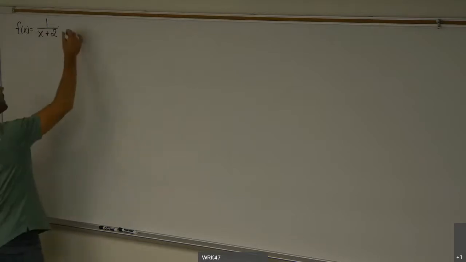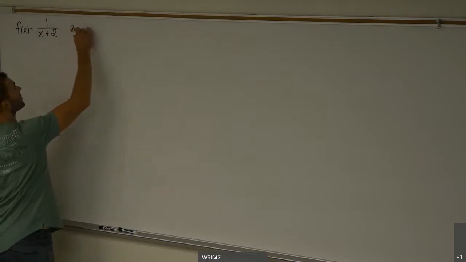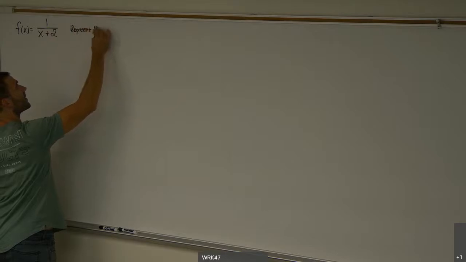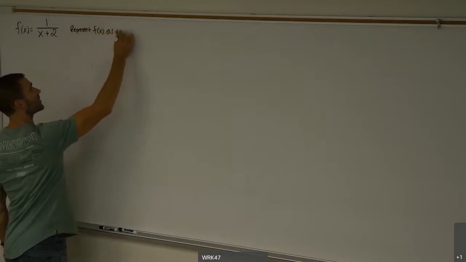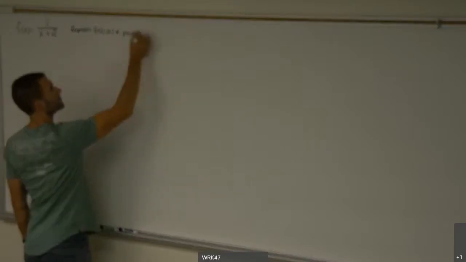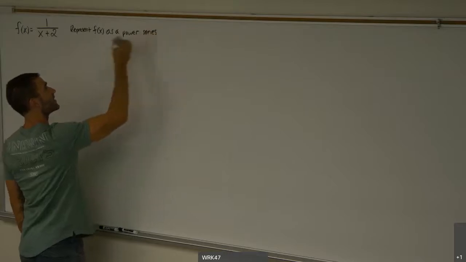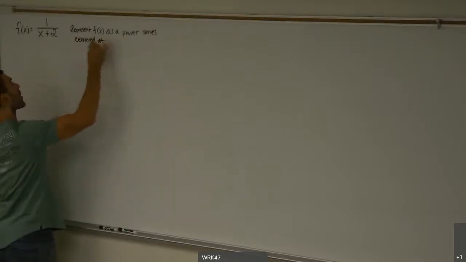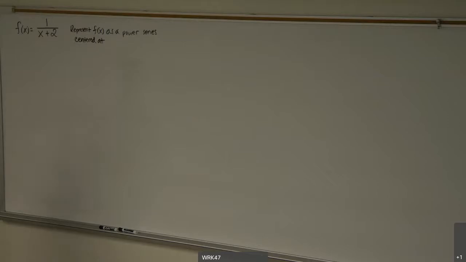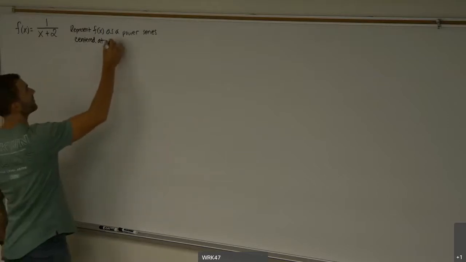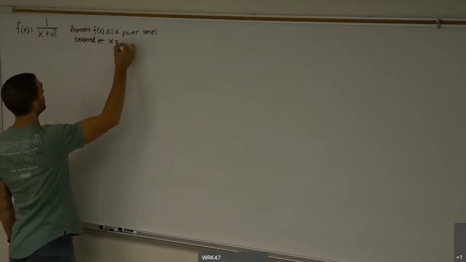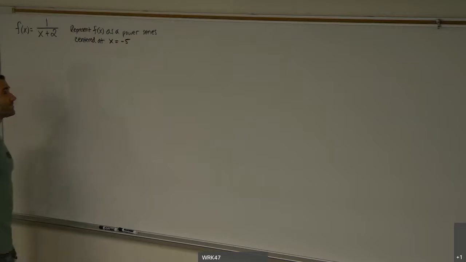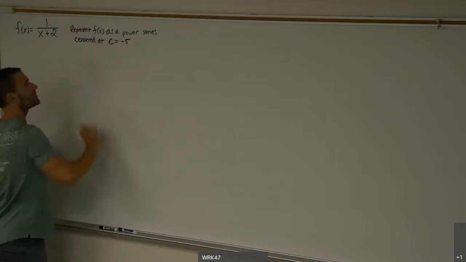And we'll represent f of x as a power series. In this case, centered at, we'll make it x equals 5. Or we'll do negative 5. Centered at, well, x or c, we can say for center.